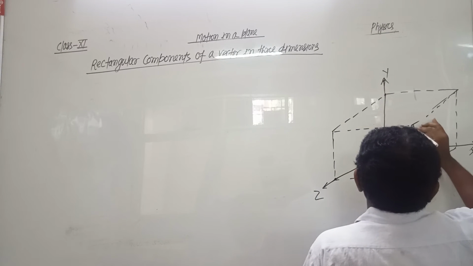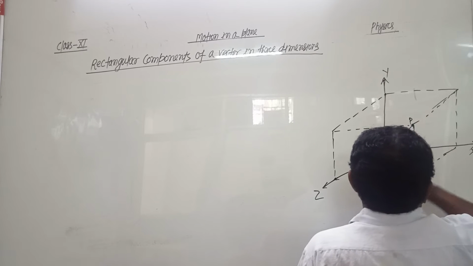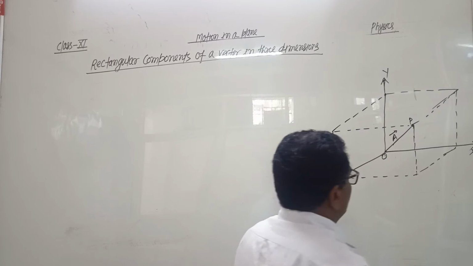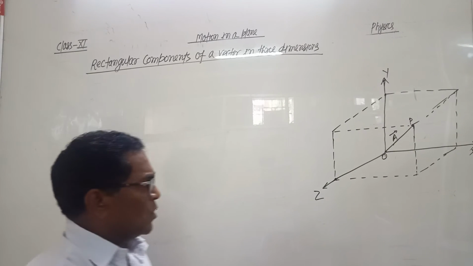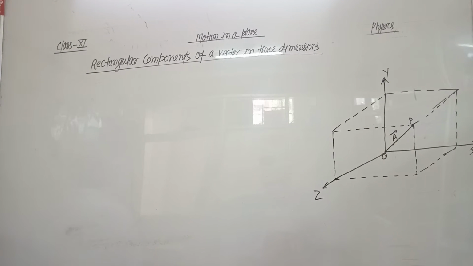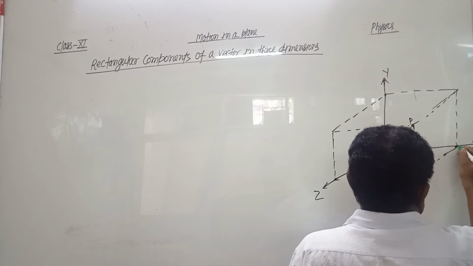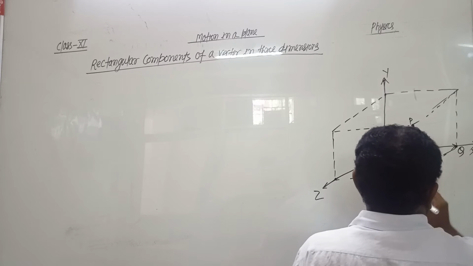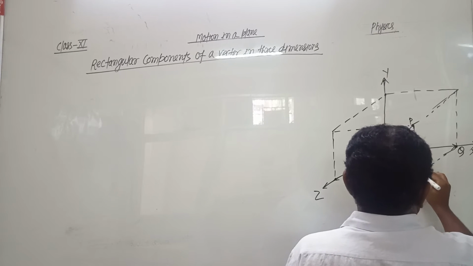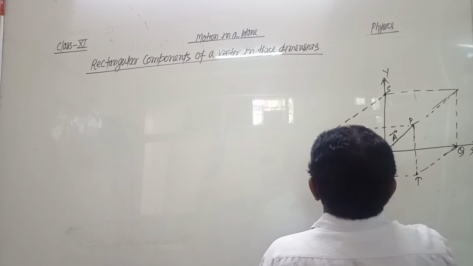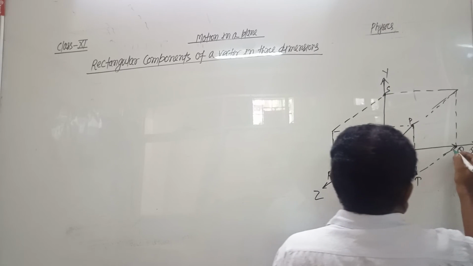Let there be a point P and the vector OP is represented by vector A. Let this point be Q, this is T, and this point be S and this is R.